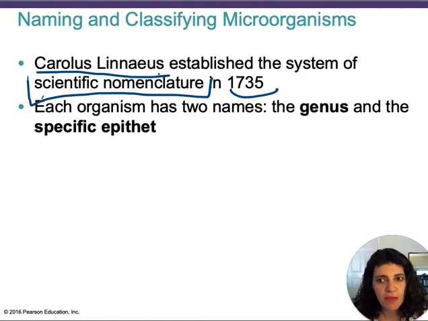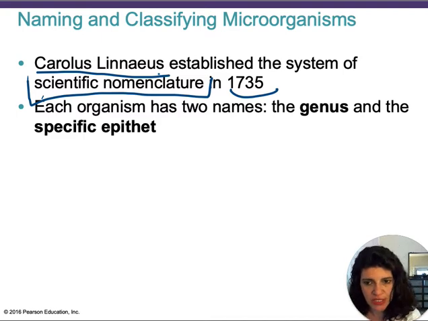The first name is always the genus, and the second name is always what we call the specific epithet that then gives the binomial name for the species.